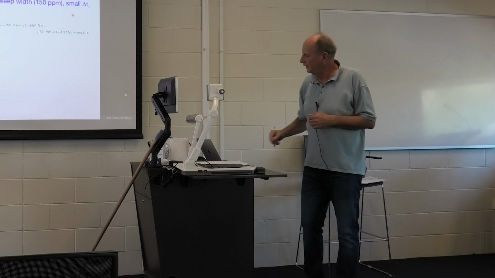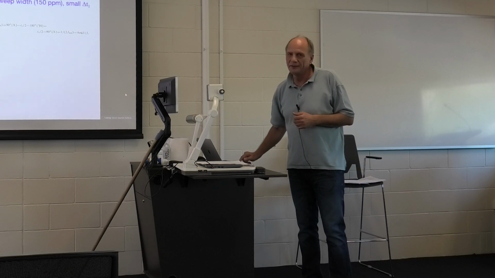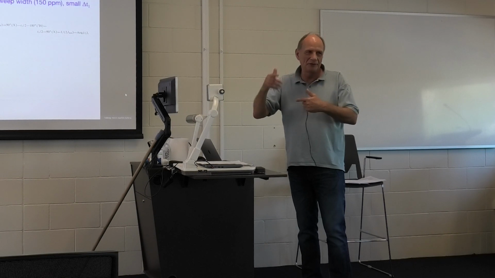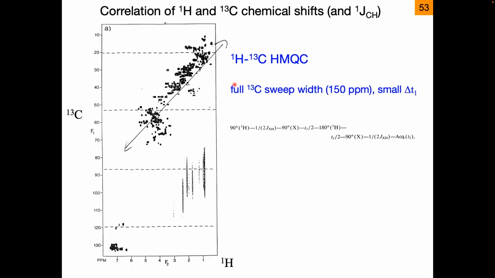And now you can do a trick here because it's correlated. You could actually do folding, fold the spectra on top of each other, and reduce the sweep width. I think a reasonable number here would be 33 ppm. Then you will see that, for example, this here will fold exactly on this without overlap.